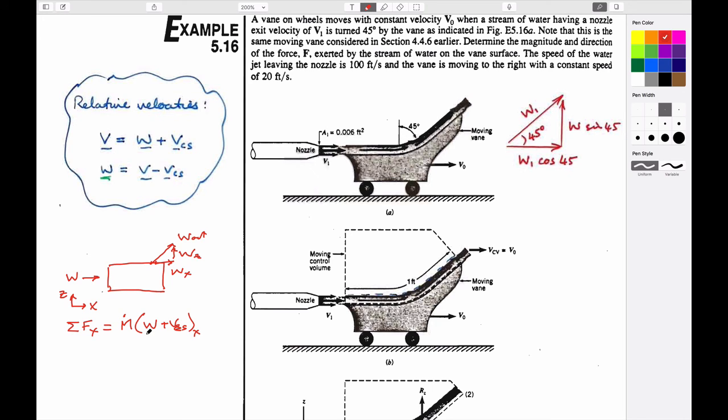But the velocities that you'd use in this particular case, if it was anchored, then this value would be 0.